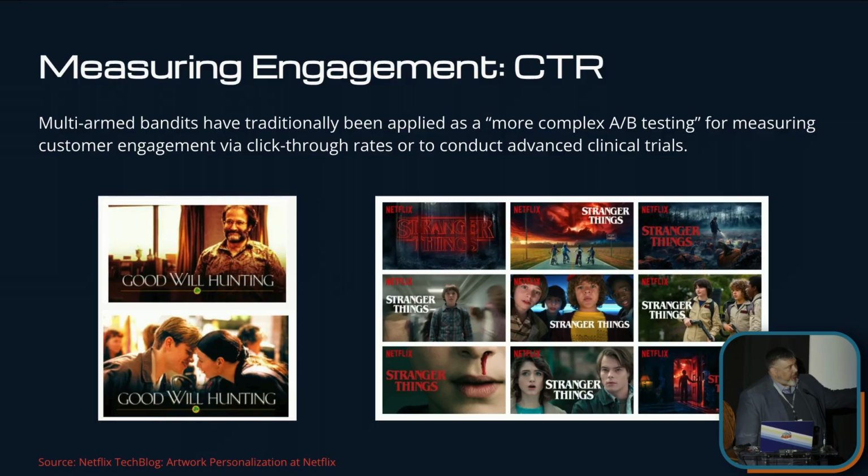So an example from the Netflix blog: if you had A/B testing, we have two thumbnails, and the question is, which thumbnail will get people to engage with this content more, right? Is this thumbnail for Good Will Hunting better than this thumbnail for Good Will Hunting? You can do A/B testing on that. With multi-armed bandits, though, you can do far more thumbnails, right? It's not just an A/B test. You can have 9 different thumbnails to see which performs better.